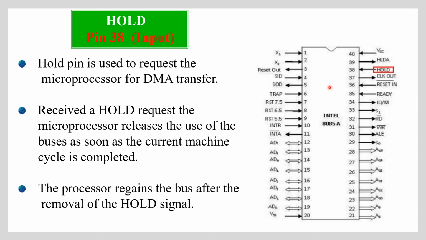As soon as the current instruction is completed, the microprocessor releases the buses to the DMA, and the processor regains the bus after the removal of the hold signal. When this signal goes low, it gets control of the buses again. So that is the hold signal, related to direct memory access.